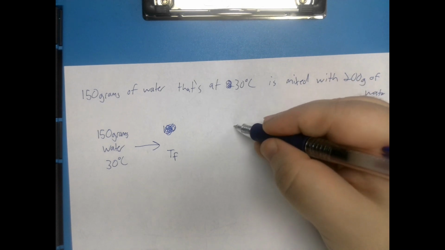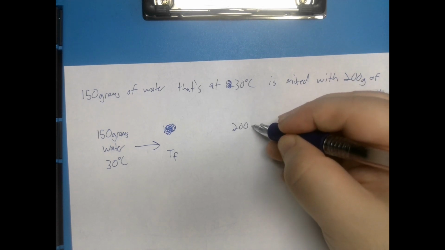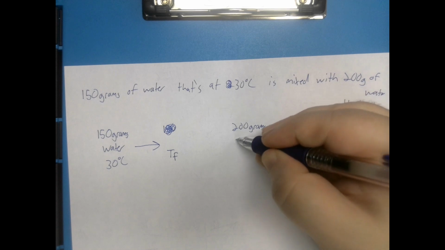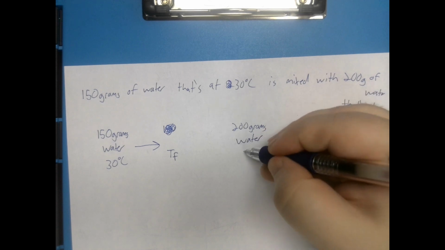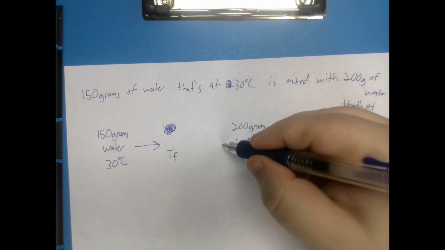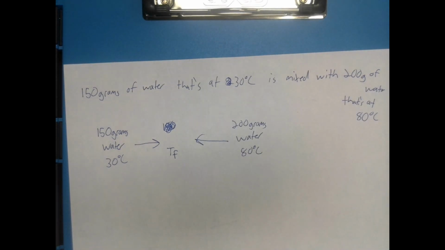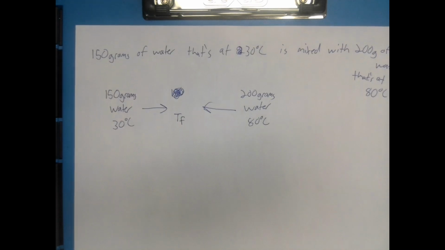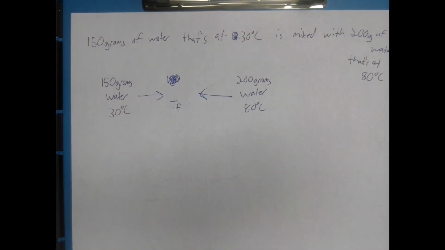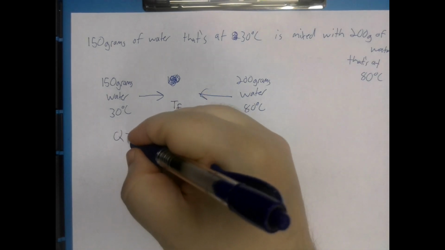We also have 200 grams of water that's at 80 degrees Celsius, and it's going to some final temperature. Every arrow represents an equation. So if we have a change in temperature without a phase change, we use this equation.